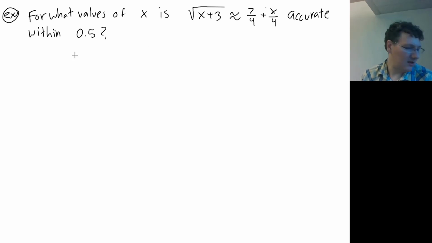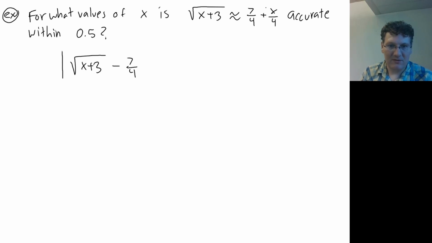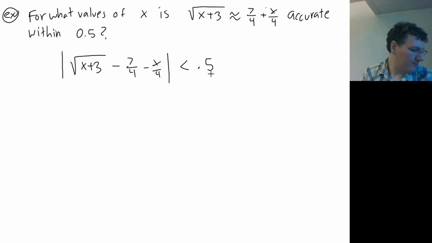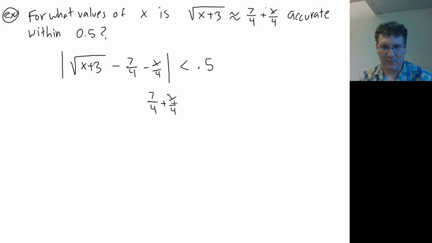Which is to say, we want to know when is the difference between the square root of x plus 3 and 7/4 plus x over 4 less than 0.5. And so what I'm going to do, we can write this as an inequality, 7/4 plus x over 4.